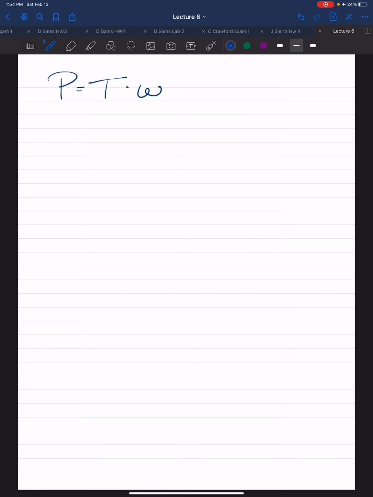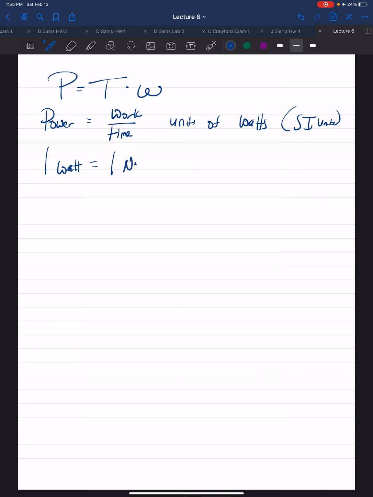So power, we said, is work per unit time, and in SI units it is expressed in units of watts. This is SI units. And 1 watt equals 1 Newton meter per second.